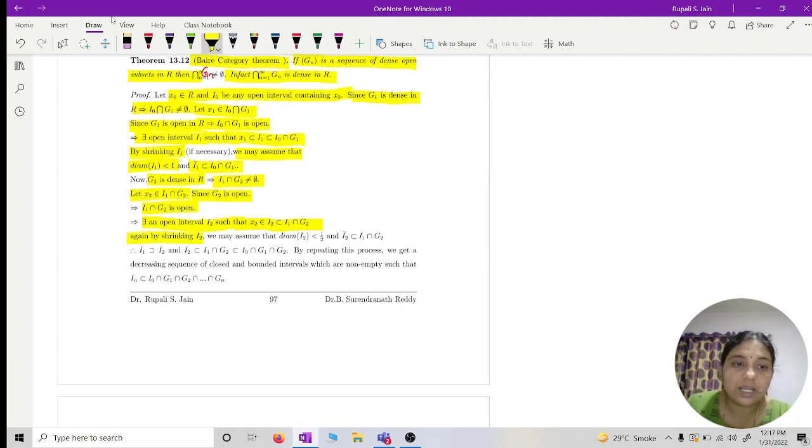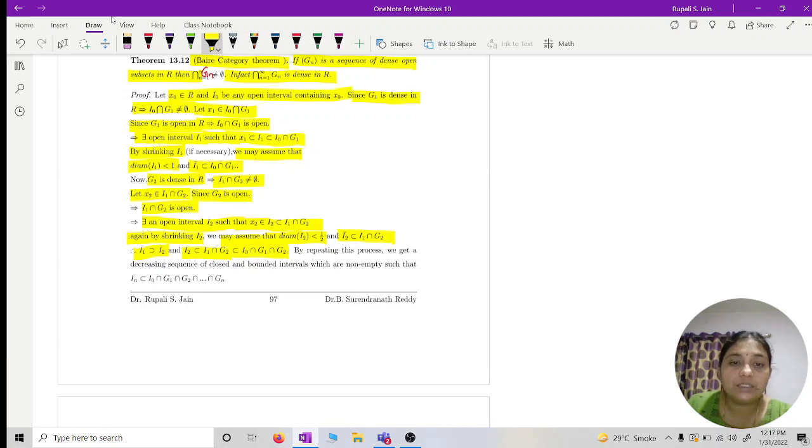Again by shrinking I2, we may assume that the diameter of I2 is less than half and I2 closure is contained in I1 intersection G2. Therefore, I1 closure contains I2 closure, and I2 closure is contained in I1 intersection G2. This is contained again in I0 intersection G1 intersection G2.